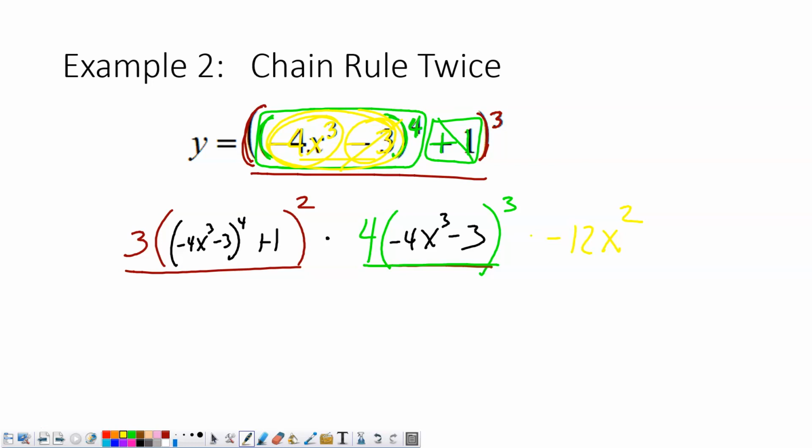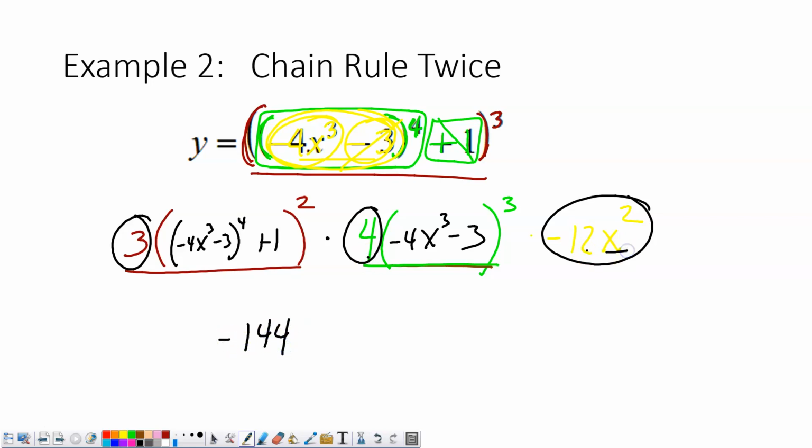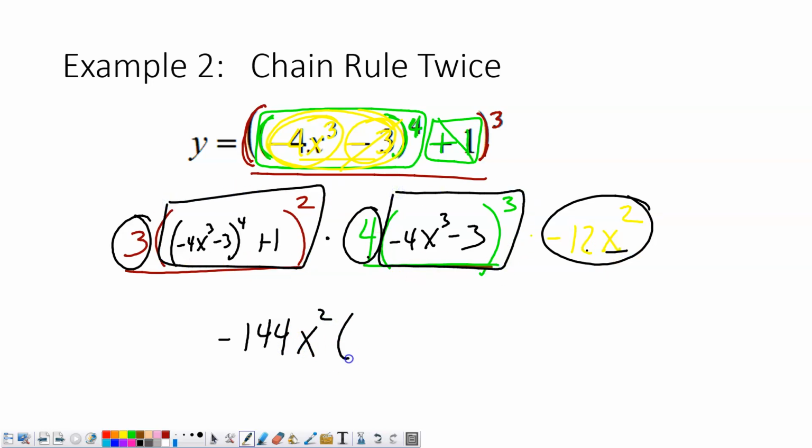Okay, so what we're going to be doing is putting all these little monomial coefficients together. So we're going to do 3 times 4 is 12, times negative 12 is negative 144, and then the x squared here goes with that. And then the binomial sets will follow.